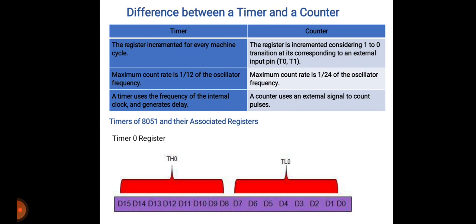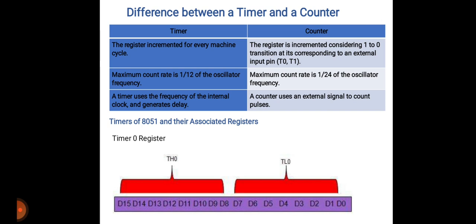A timer uses the frequency of the internal clock and generates some type of delay, and a counter uses an external signal to count the pulses. This is the basic difference between a timer and a counter.